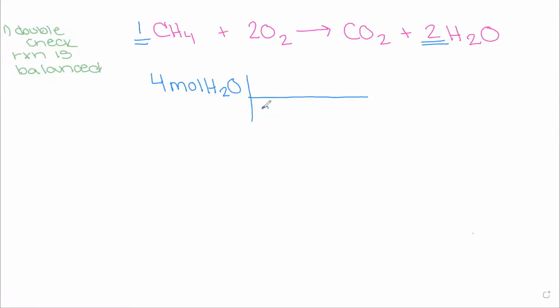So I'm going to have my 2 moles of water, which comes from the 2 in front, and my 1 mole of methane. What this tells me is that I would need 2 moles of methane in order to produce my 4 moles of water.